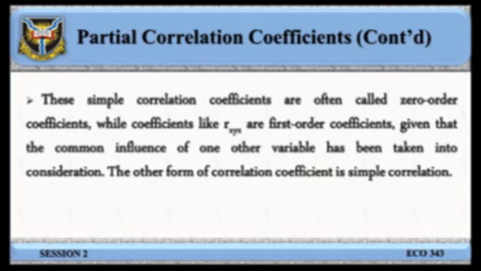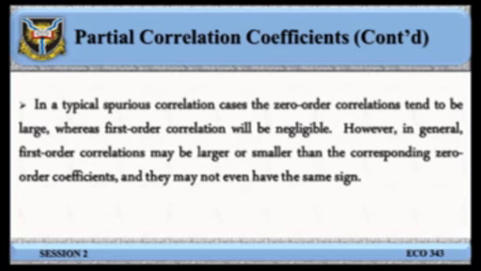The other form of correlation coefficient is spurious correlation. In a typical spurious correlation case, the zero-order correlations tend to be large, whereas first-order correlation will be negligible. However, in general, first-order correlations may be larger or smaller than the corresponding zero-order coefficient, and they may not even have the same sign.